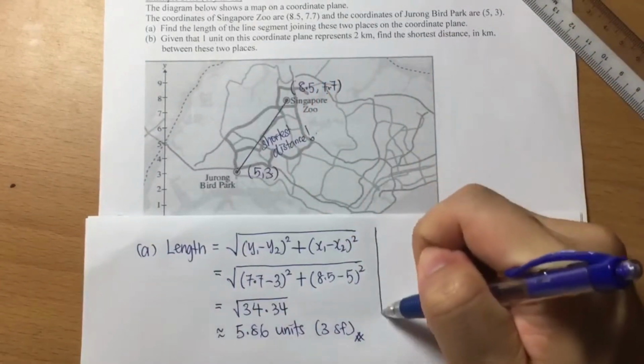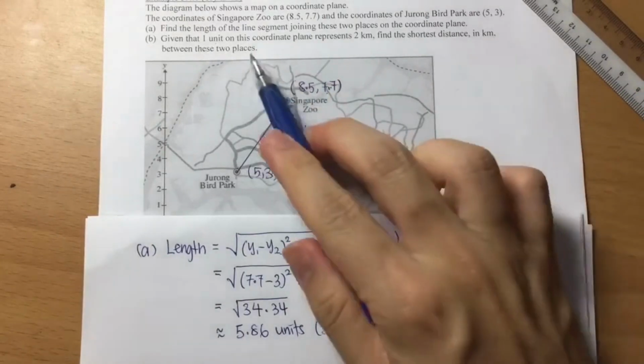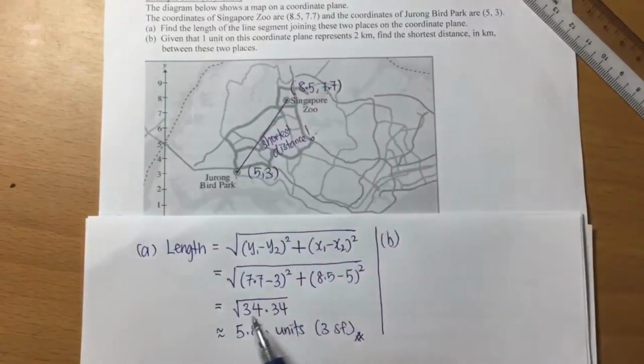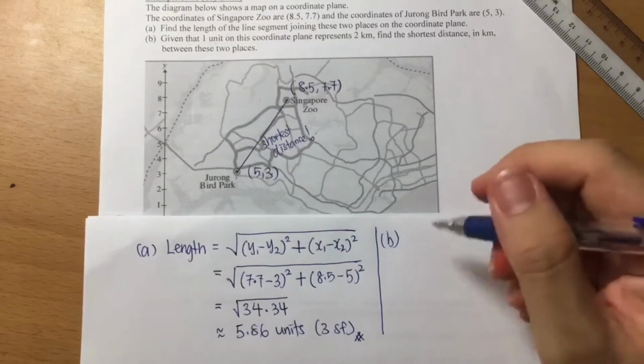So for part B, since 1 unit is 2 kilometers, I have this particular 5.86 units, but I wouldn't want to use this. This is to 3 significant figures, so I will actually use the square root of 34.34.